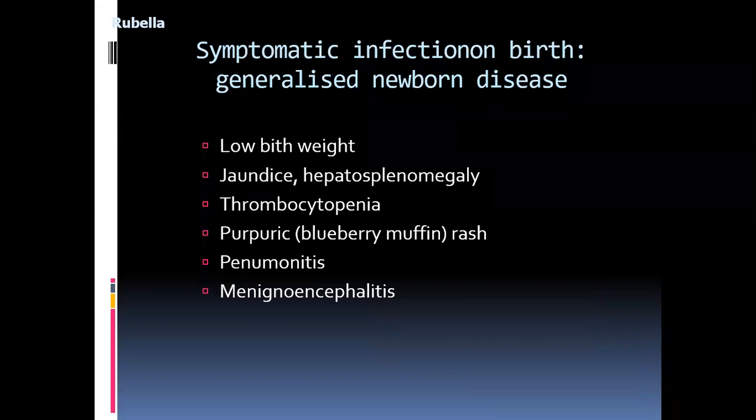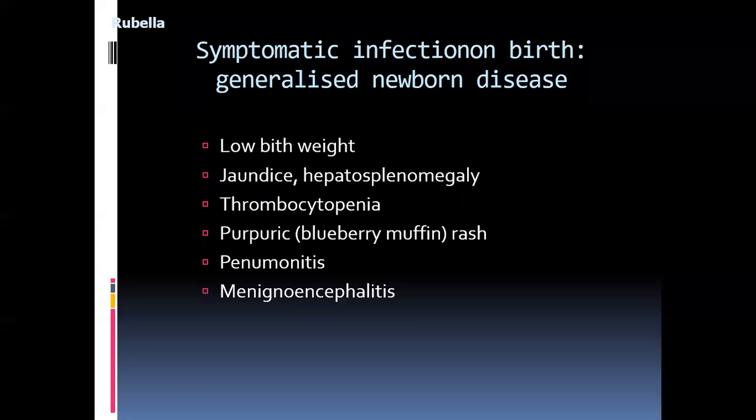Now there's the symptomatic infection at birth. Most of these present as generalized newborn disease. Most probably there is low birth weight, jaundice, hepatosplenomegaly, thrombocytopenia, and purpura, the blueberry muffin rash.